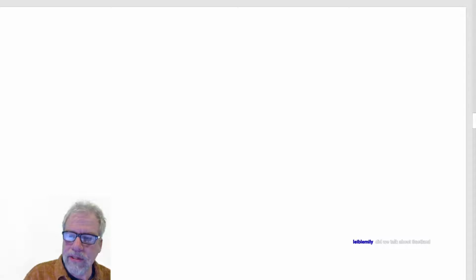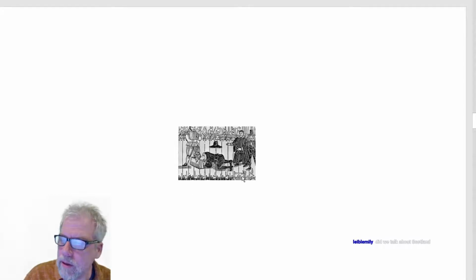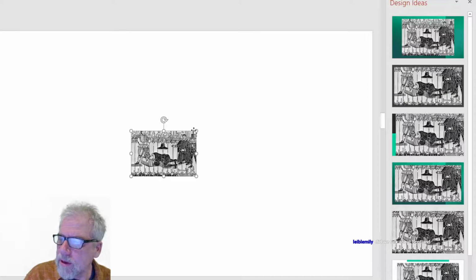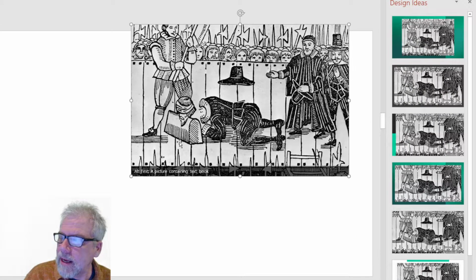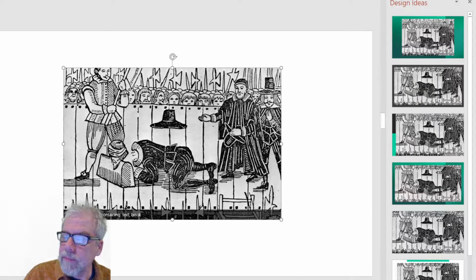We talked a little bit about Scotland, and basically, sorry, that's my image. I had a much better image of Charles I's execution in 1649. And all of my images are gone.